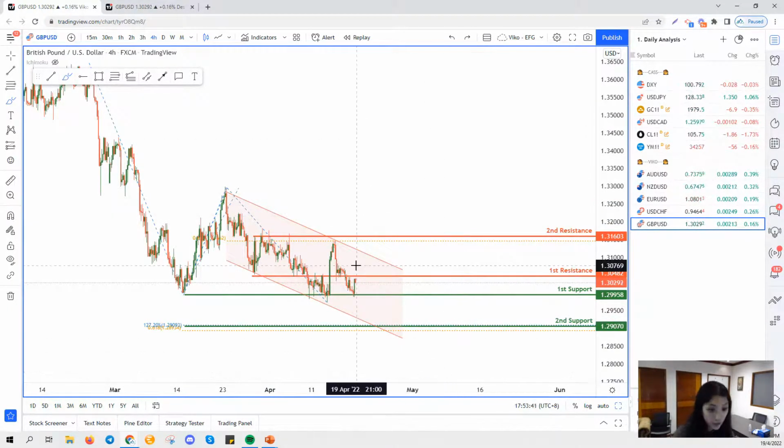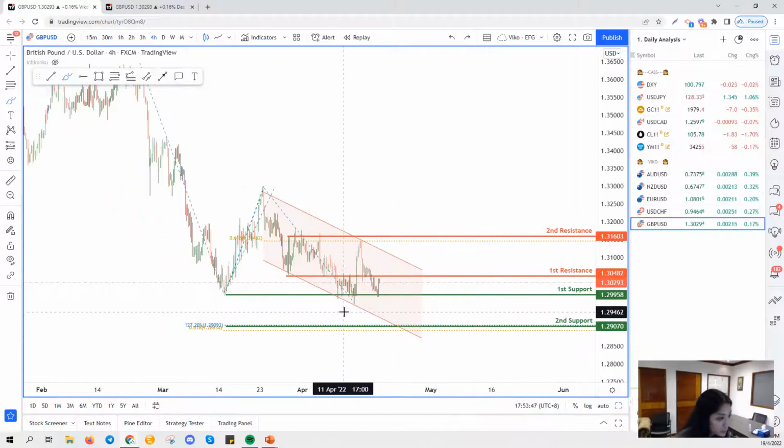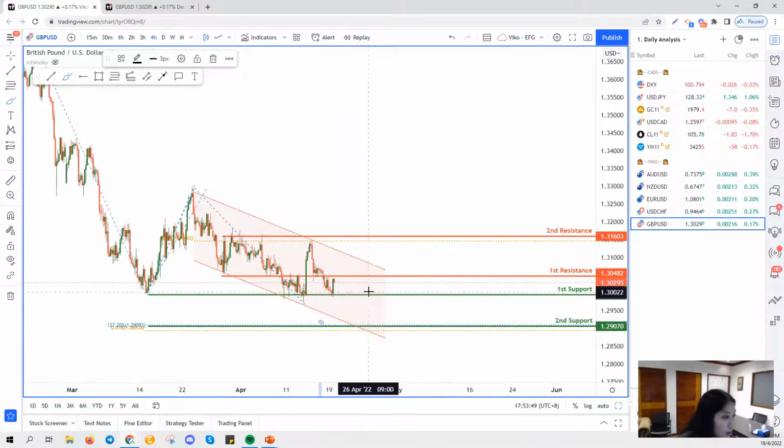Otherwise, if the price breaks through the first support level over this area, you can see that a previous horizontal swing low happened here.